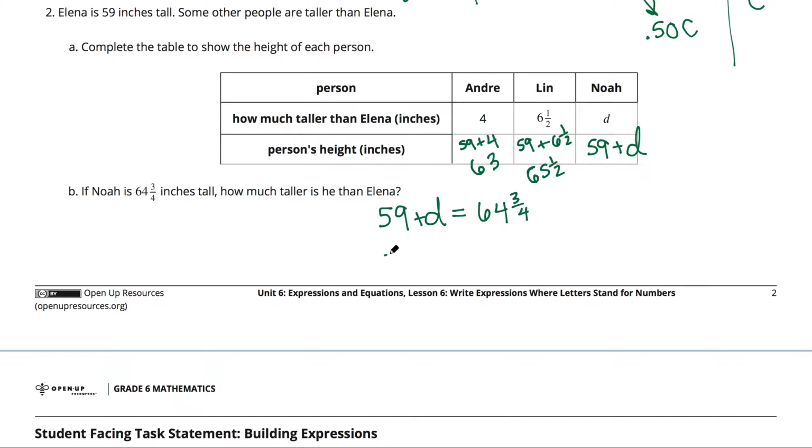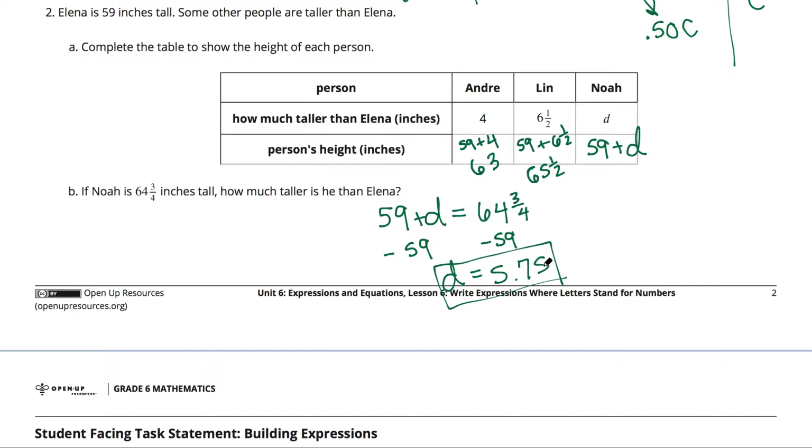So I'm going to subtract 59 from both sides. Okay, I'm going to find out then that d equals 5.75.